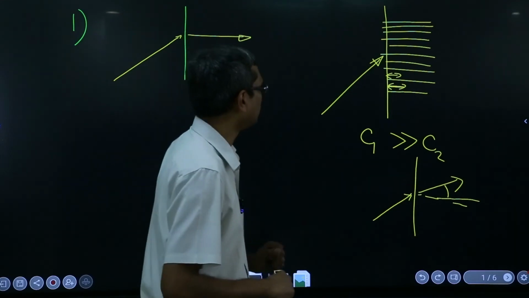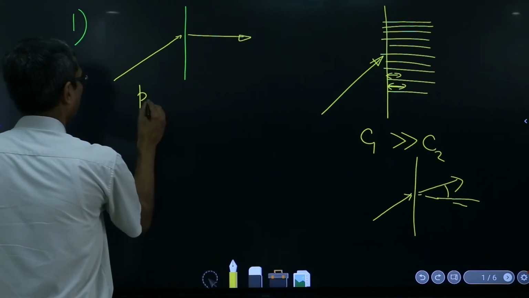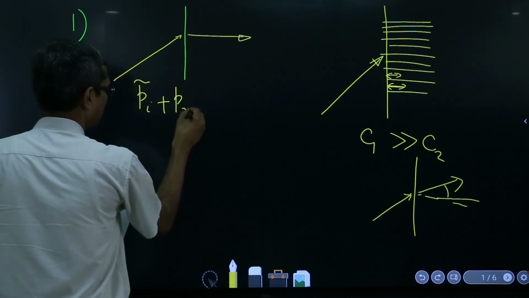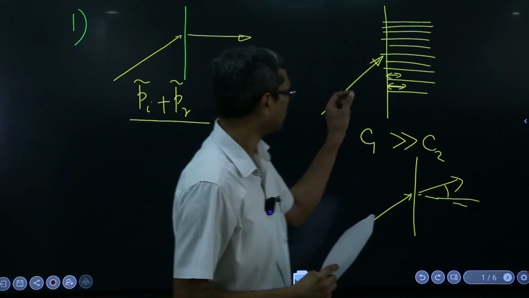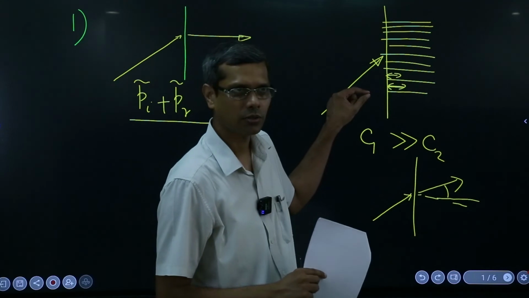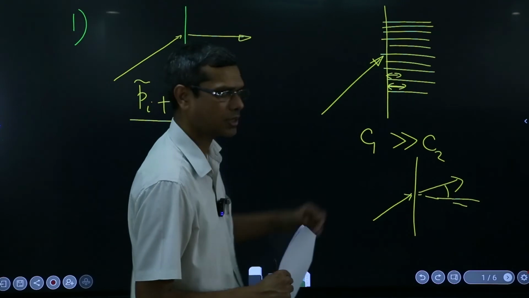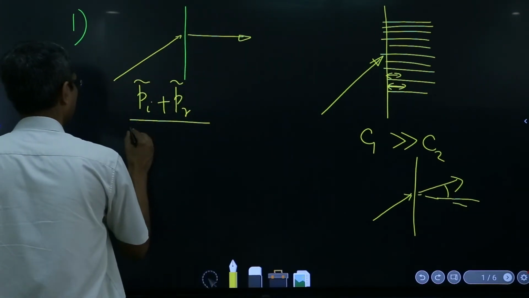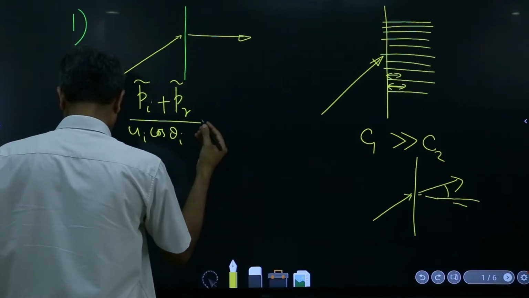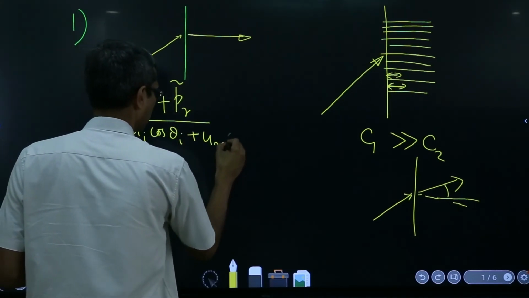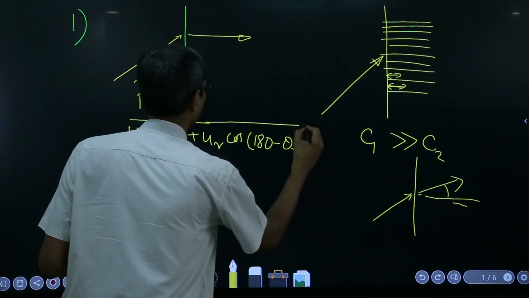So the condition we can write is Pi plus PR, which is on this side, divided by the normal velocity only. That ratio will be a constant at the particular location you are talking about. So this will be Ui cosine theta I plus Ur cosine of 180 minus theta R, equal to Zn.